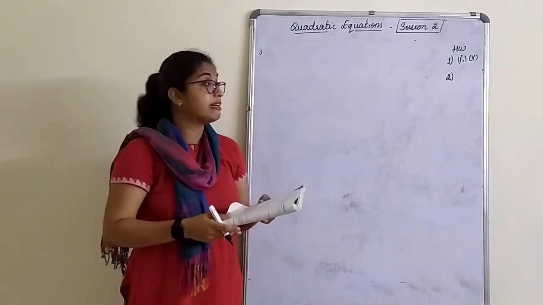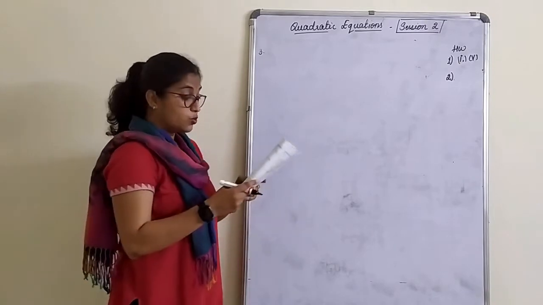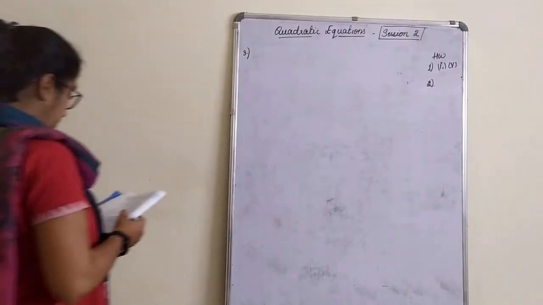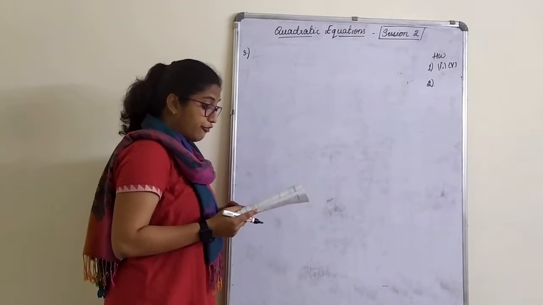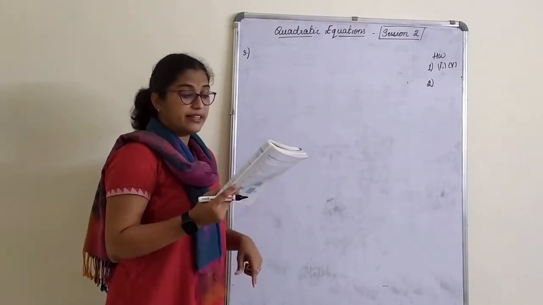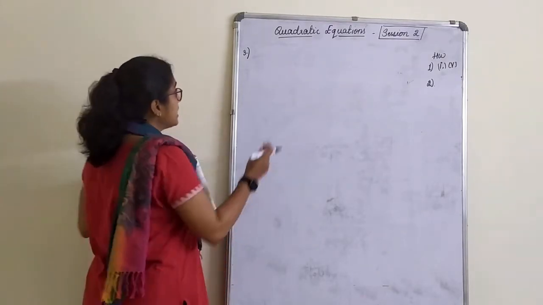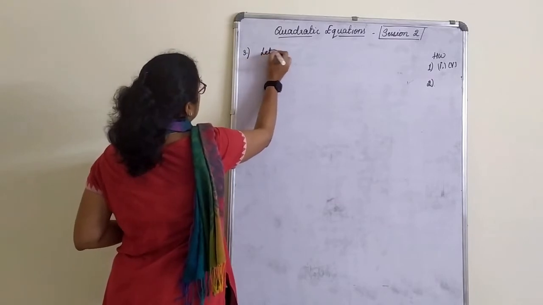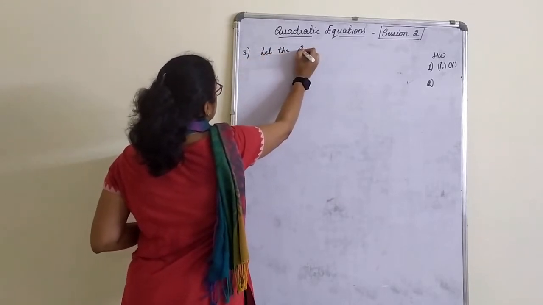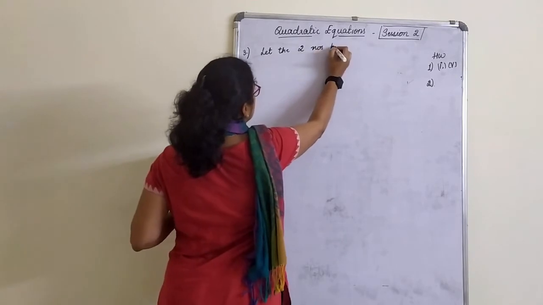Now here we directly go with one variable, that is quadratic form. So we'll start with the third one. Find the two numbers whose sum is 27 and product is 182. So let the two numbers be.